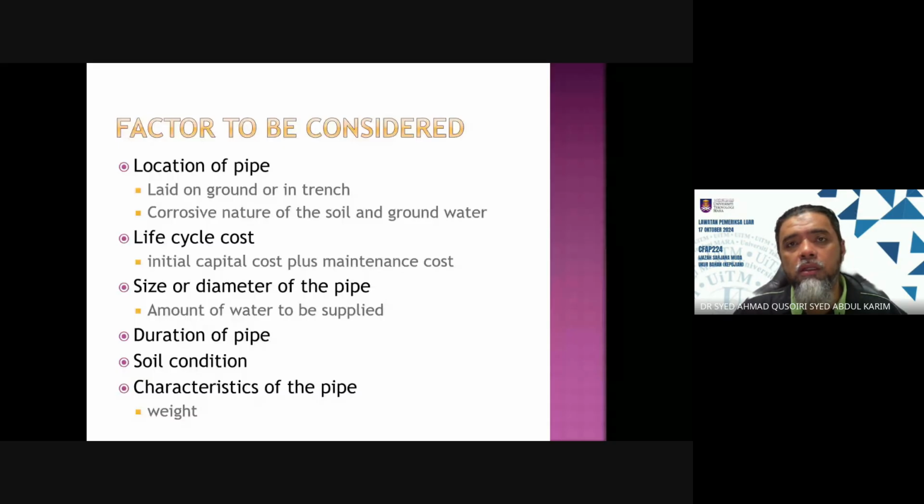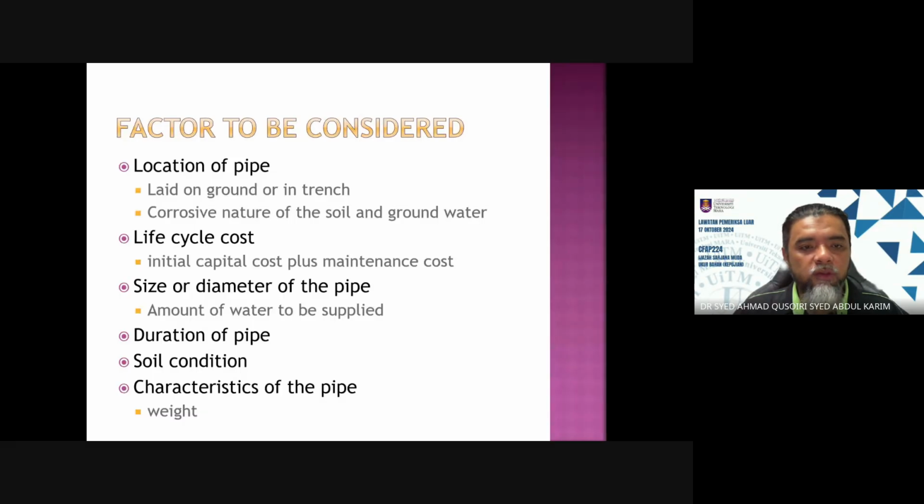So that's why you don't see pipes above ground all the time, because it will cost more. Usually they are underground, but when there are obstacles, they would divert or they would cross above or below. We're talking above, okay, above the obstacle, with steel pipes usually.